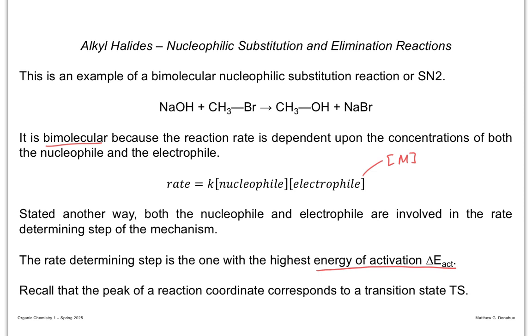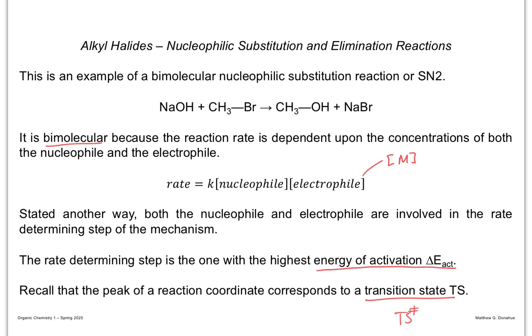So as we look at these coordinates, the top or the peak, the highest peak, that's where the transition state occurs. So that's abbreviated TS, or sometimes it'll have that superscript dagger symbol. A transition state, again, is kind of weird.